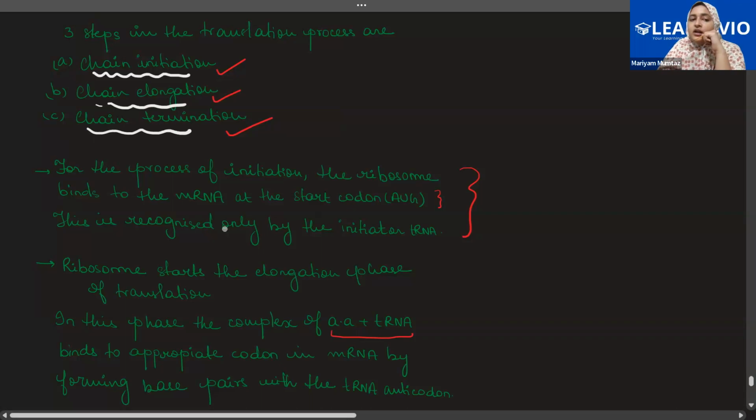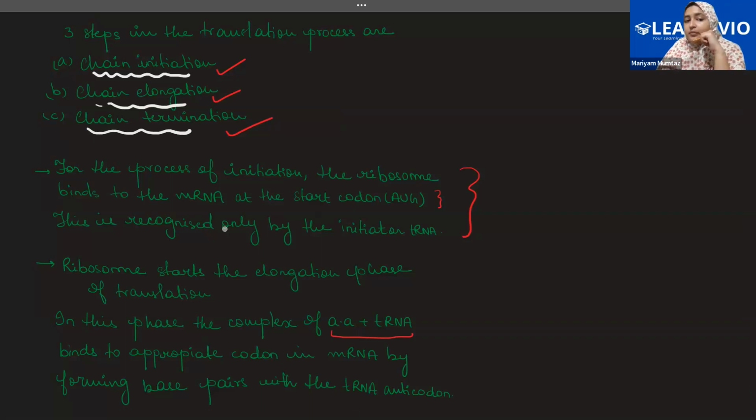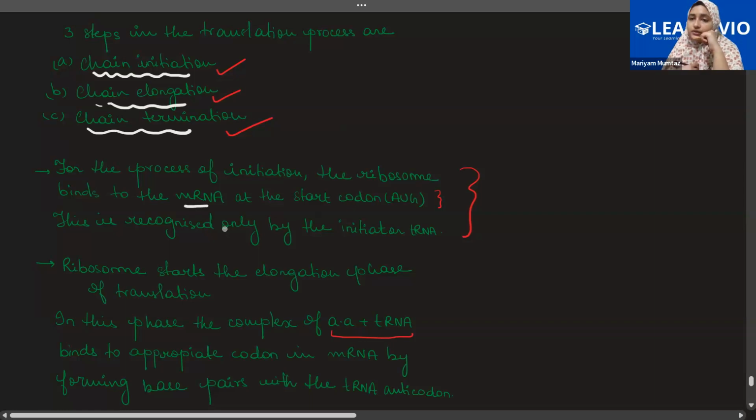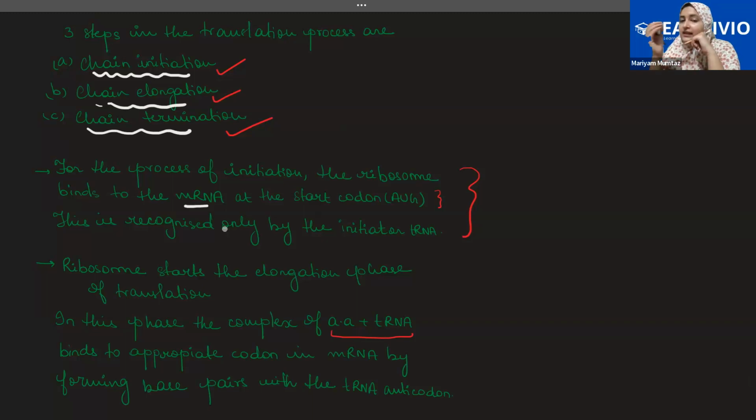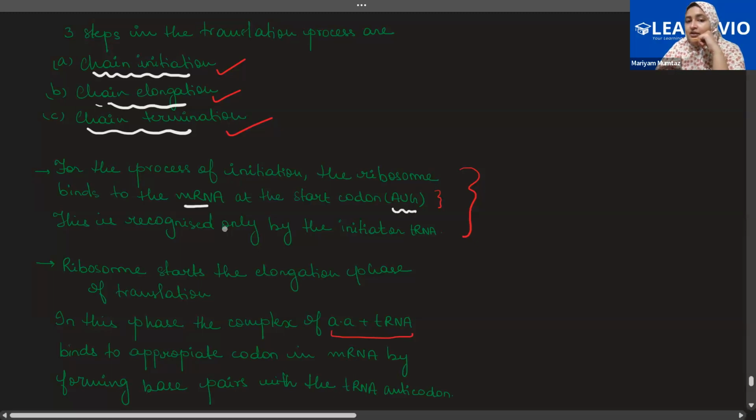Now, for the process of initiation, the ribosome comes and binds to the mRNA, because we know that when the transcription has been completed, the mRNA gets released, right? Now, this mRNA is what is going to produce the protein, the end product. So, for the process of initiation, the ribosome binds to the mRNA at the start codon, meaning at the AUG.